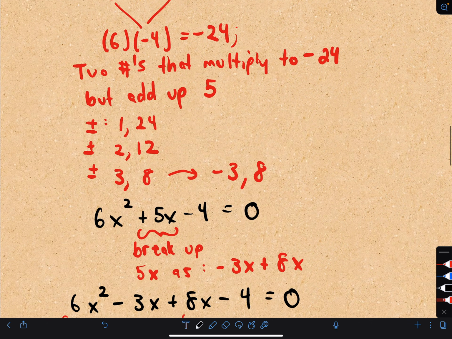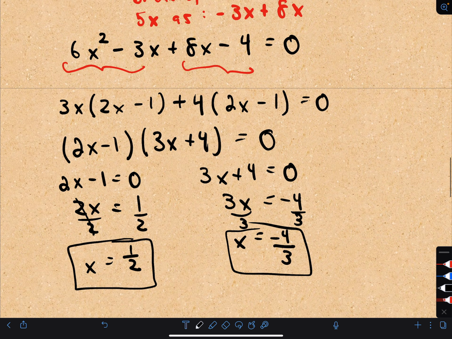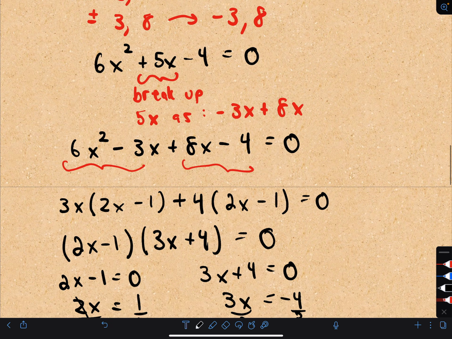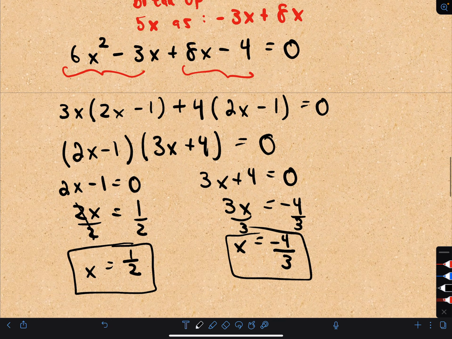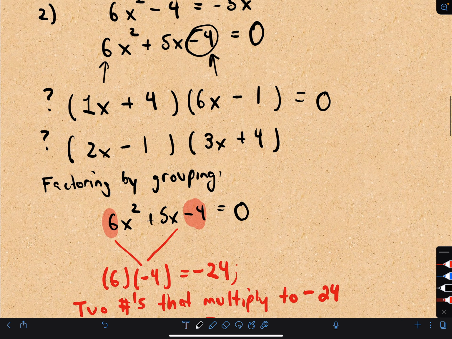If you're taking a quiz or an exam or whatever, sometimes it's a judgment call. Factoring by grouping obviously takes a few steps. We had to do quite a few things here, but you have to decide, is it faster for you to do factoring by grouping, or is it faster to do trial and error?